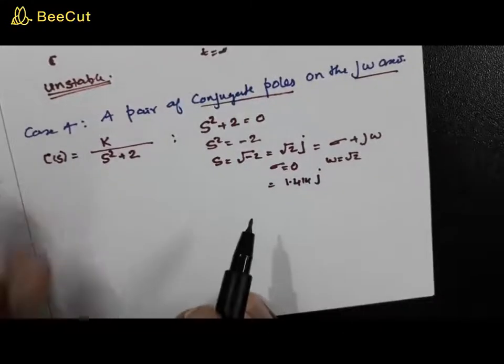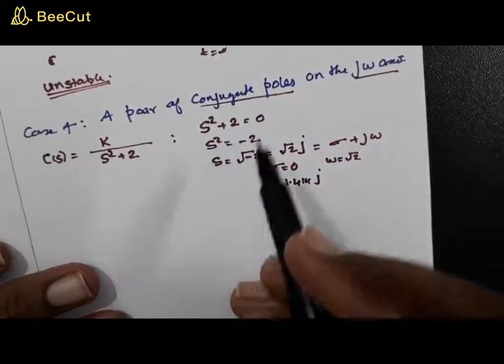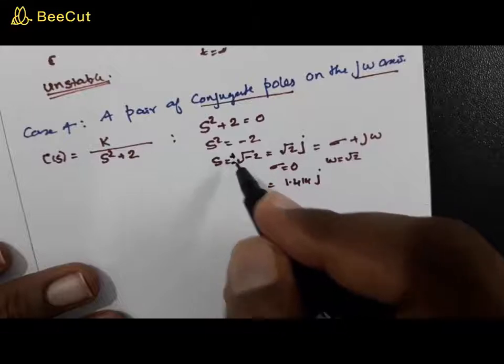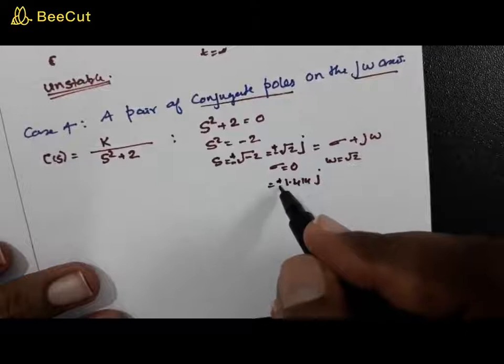One more point to be noted: when you take the root, s square is equal to minus 2, this is not simply plus, it will be plus or minus.